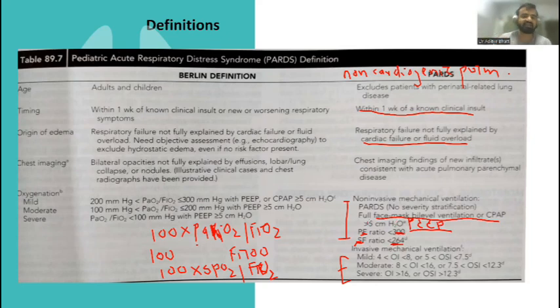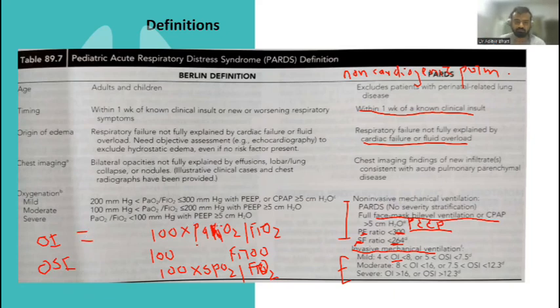Quantification of the severity of ARDS can only be done in invasive mechanical ventilation, and it cannot be done in non-invasive ventilation. So in invasive mechanical ventilation, OI is oxygenation index and OSI is oxygen saturation index. So what is OI? OI is actually the same as PF.